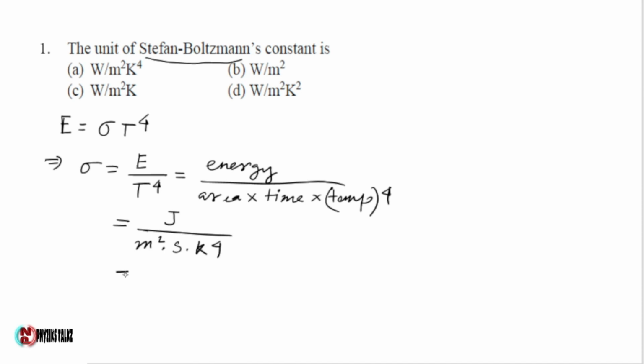Joule per second gives watt, so this gives watt per meter square Kelvin to the power 4. So the correct option is option A.